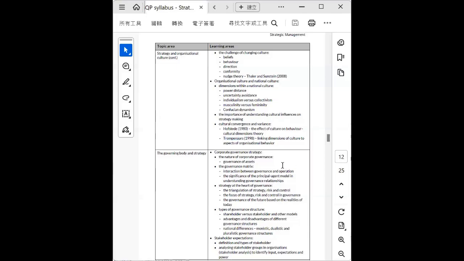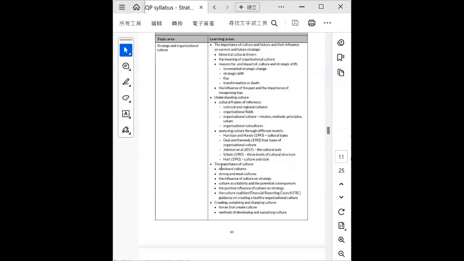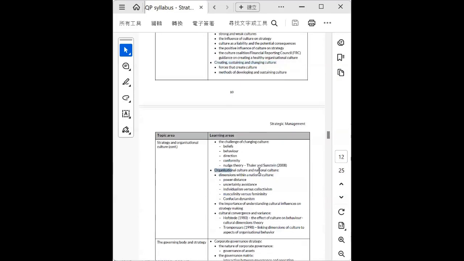So we have these different aspects. This is the part on cultural and national dimensions in relation to strategy, because it looks at regional values. Especially if the case is on a multinational company instead of a regional or local company, then you have to consider these national cultural elements, especially for global strategy.